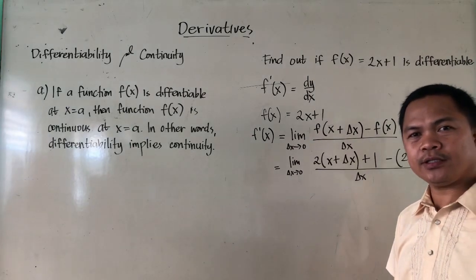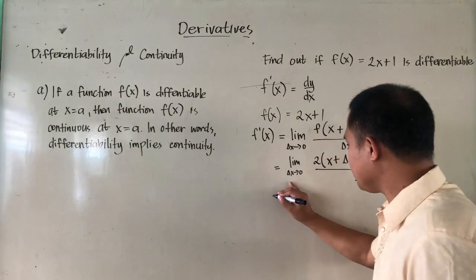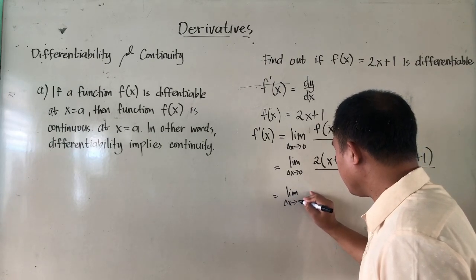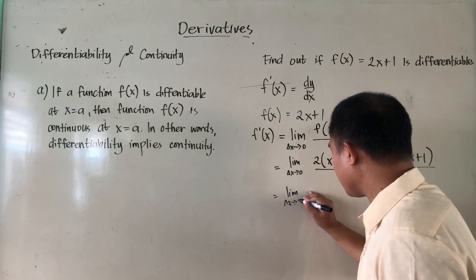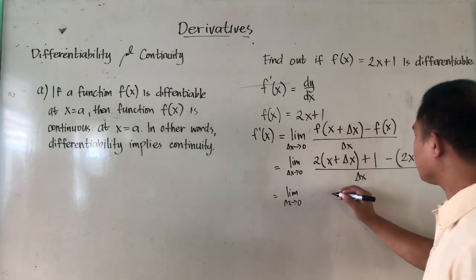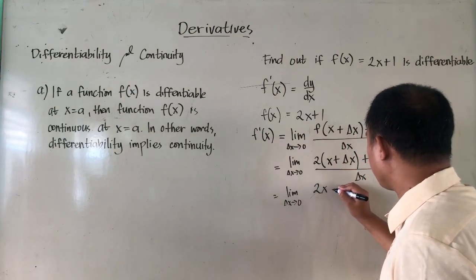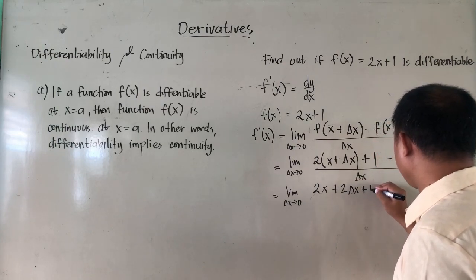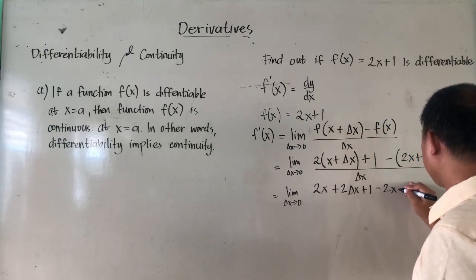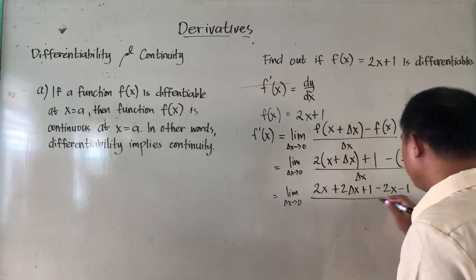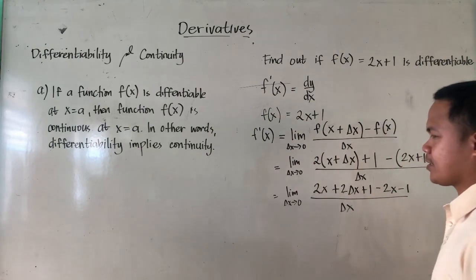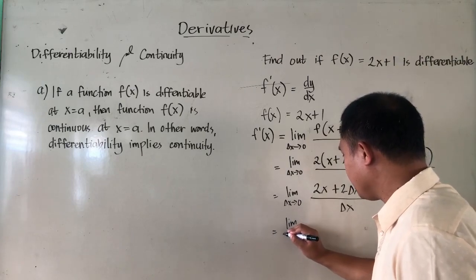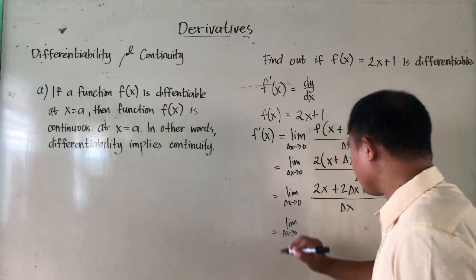Are you following? So, that is equal to the limit as delta x approaches 0 of 2x plus 2 delta x plus 1 minus 2x minus 1 over delta x.